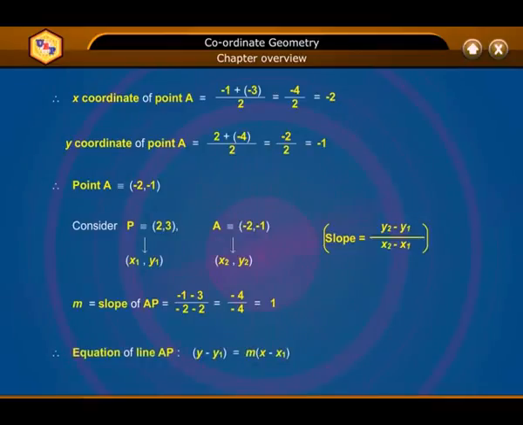Equation of line AP: y minus y1 is equal to m(x minus x1). y minus 3 is equal to 1(x minus 2), so y minus 3 is equal to x minus 2, y is equal to x plus 1. Equation of median AP: y minus x minus 1 is equal to 0.